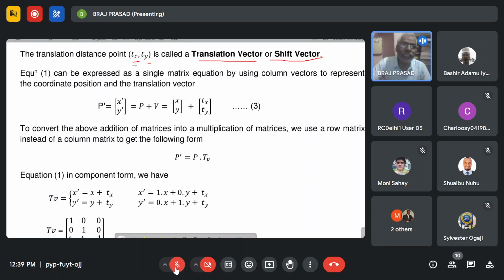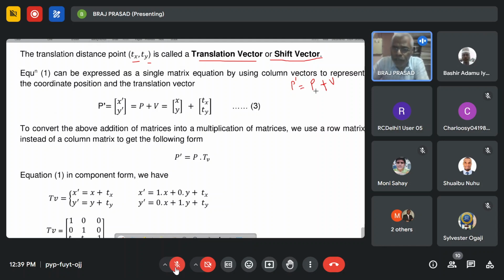So equation 1 is p dash, and p dash is nothing but x dash y dash. In equation 1 on the previous page, I have shown you p dash is equal to p plus v. P dash is p plus v and p dash is nothing but x dash y dash.